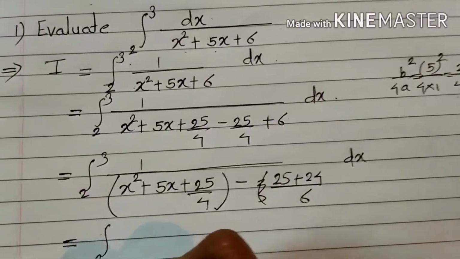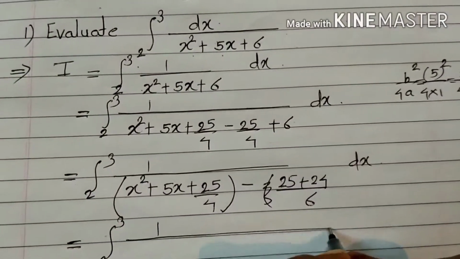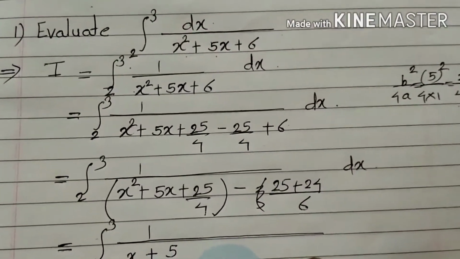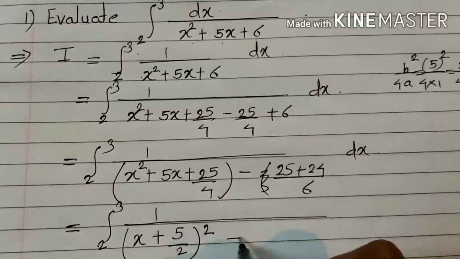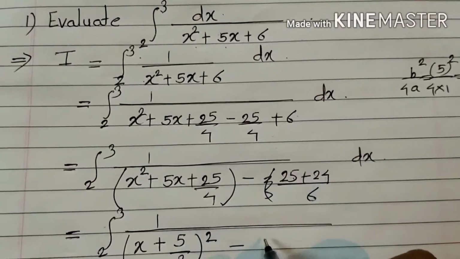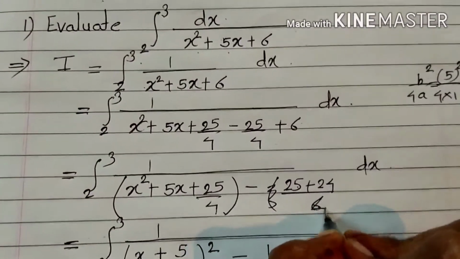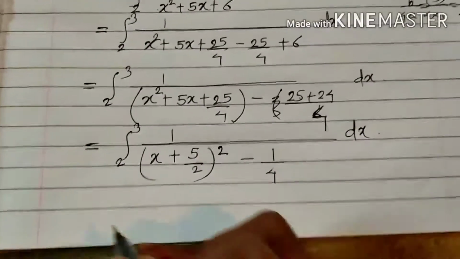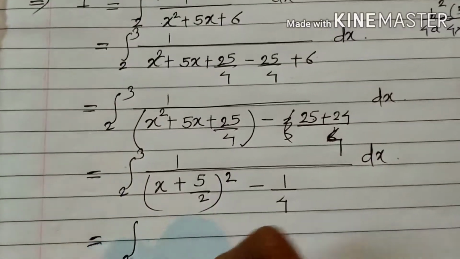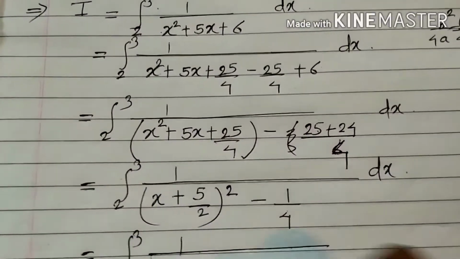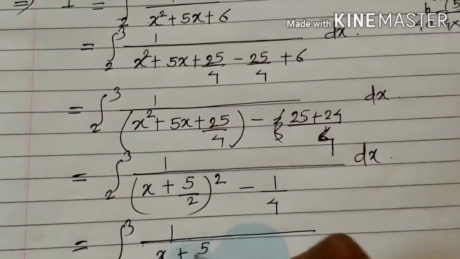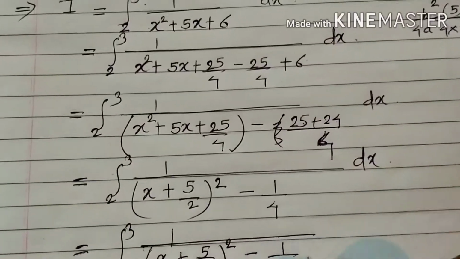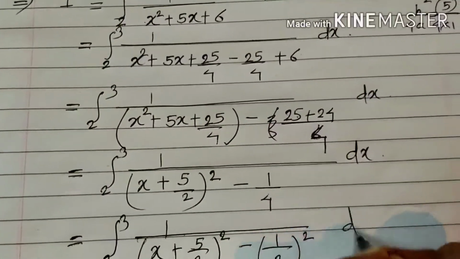So it is from 2 to 3, 1 upon x plus 5 upon 2 whole square, and here it is minus 25 plus 24, which is minus 1, upon 4. So it is minus 1 by 4 dx. Now integration from 2 to 3, 1 upon x plus 5 upon 2 whole square minus 1 upon 2 square dx.